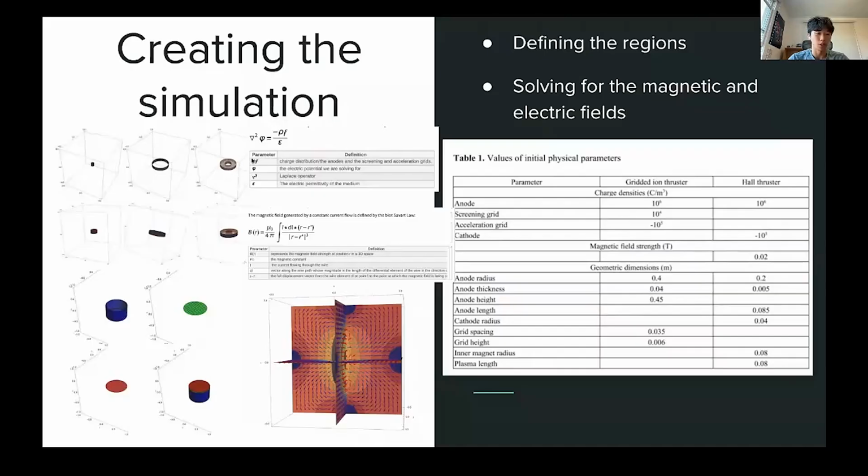Within all these regions, I would assign the electric charge assigned to the anode and the cathode. I'd assign a magnetic field strength that I could then plug into Poisson's equation here to find the electric field at any given point within the simulation.